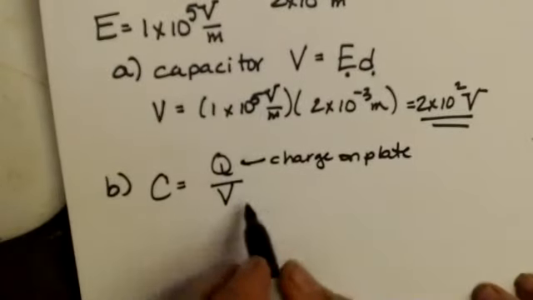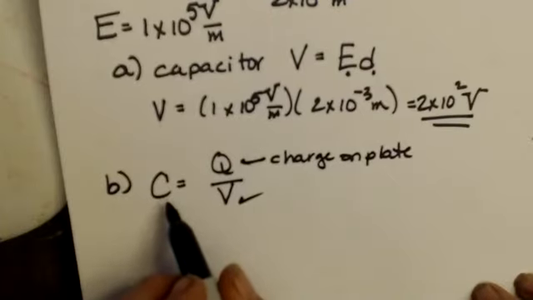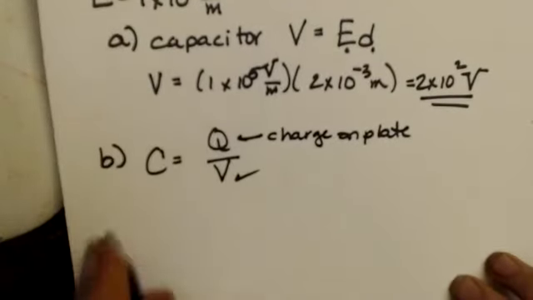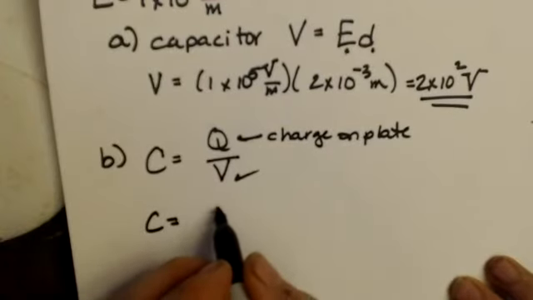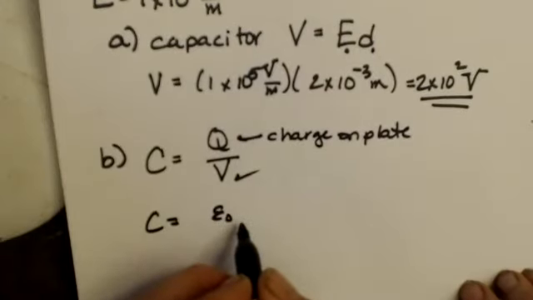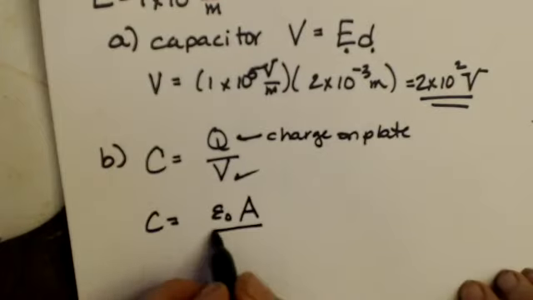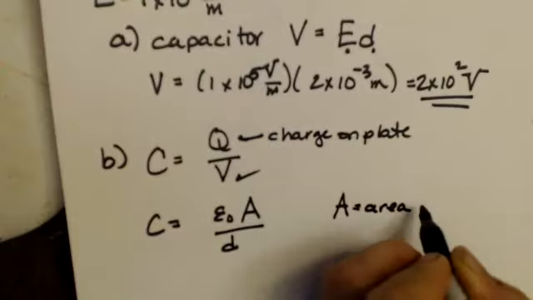I know V. I just calculated it in part A. But I also need to find the capacitance. I have a formula for the capacitance of a parallel plate capacitor: C is epsilon naught, the permittivity of free space, which I looked up, times A over D, where A is the area of the plate.